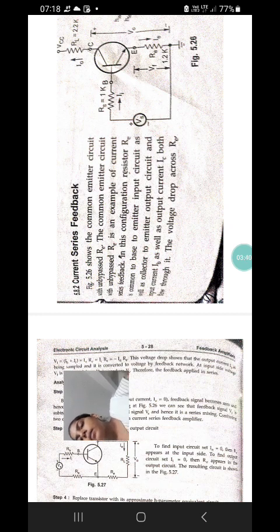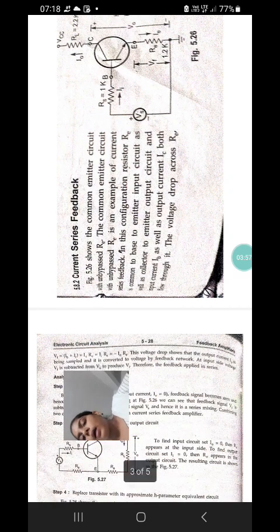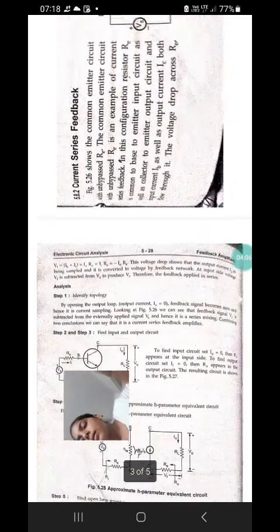The common emitter circuit with the unbypassed RE is an example of current series feedback. In this configuration, resistor RE is common to the base-to-emitter input circuit as well as the collector-to-emitter output circuit, and input current IB as well as output current IC both flow through it.